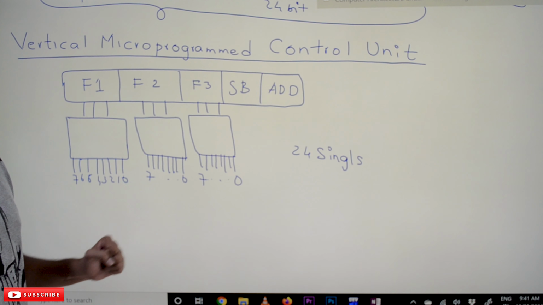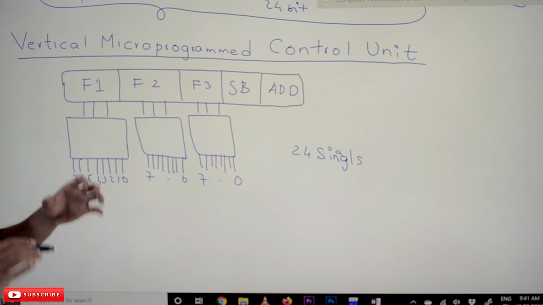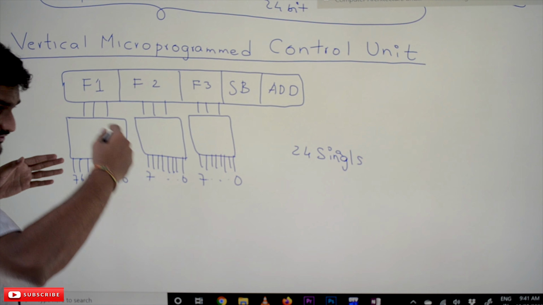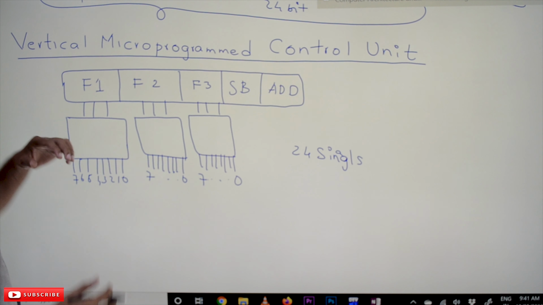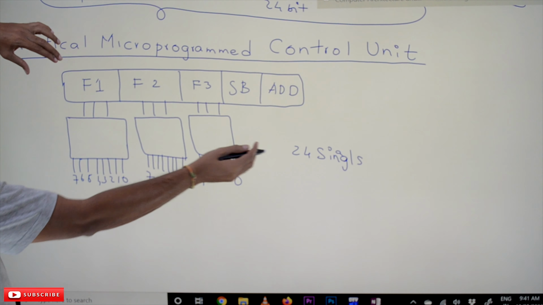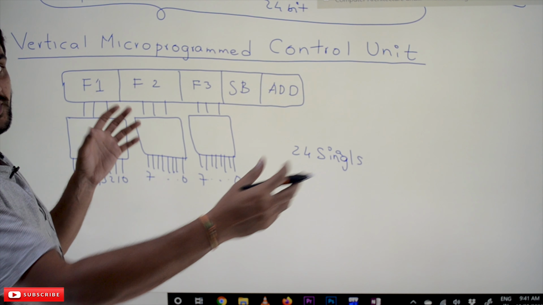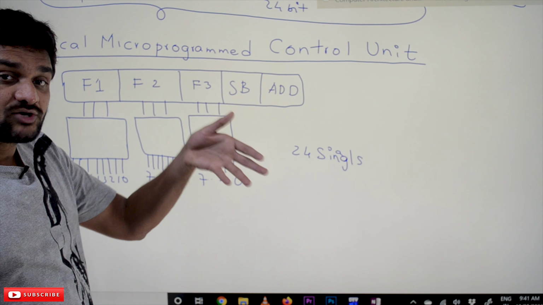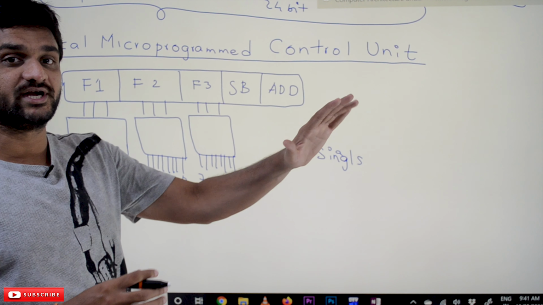With the vertical micro-programmed control unit, instead of arranging the control bits horizontally, we group those 24 signals into 3 groups or 4 groups or 5 groups. How the grouping is done and why it has to be done in that way, we will try to understand in our later videos.